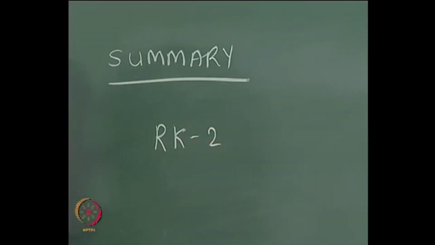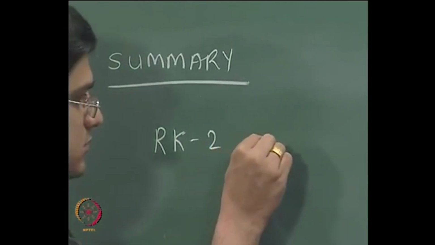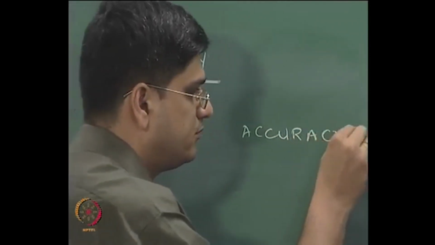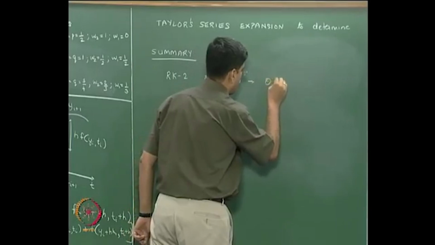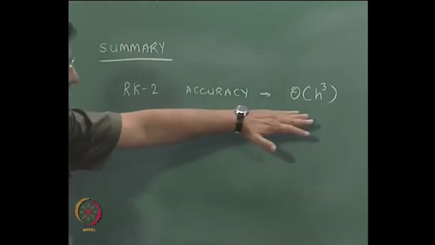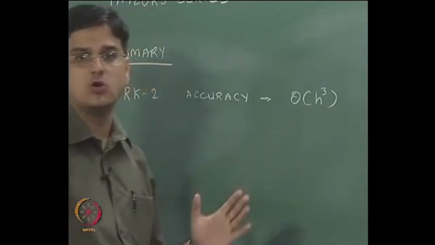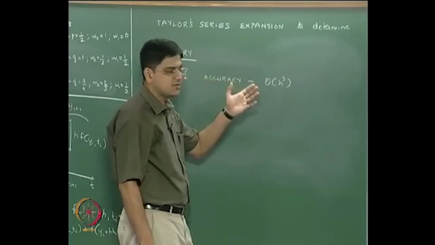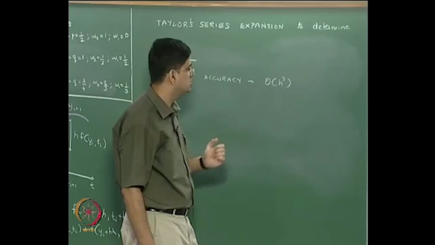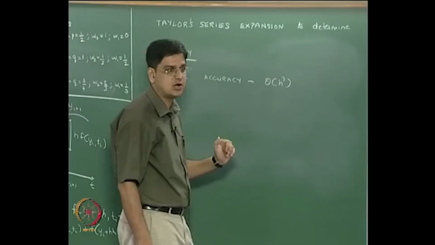The RK2 methods have an accuracy of order of h cube, okay, and this is nothing but the truncation error. We have not talked about the round off errors, okay. There are two types of errors that we have always been saying in this entire series of lectures. The first one is the truncation error and the second one is the round off error.